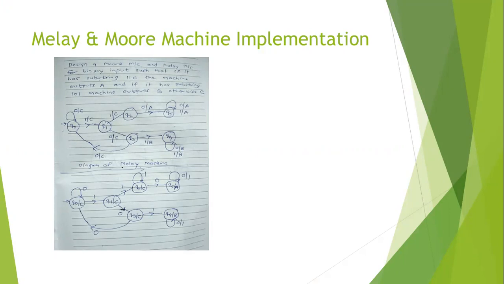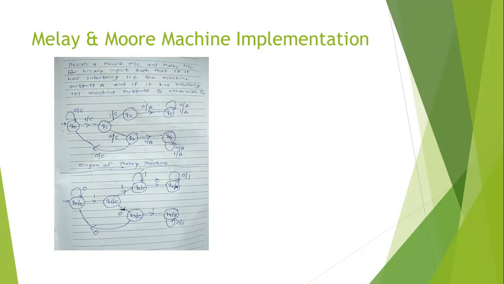Because if I'm getting a substring like 100, and again 0 is coming instead of 1, I should have one choice. That's why it reverts back. So from Q3 to Q0, 0/C is given. Now this is the Mealy machine.